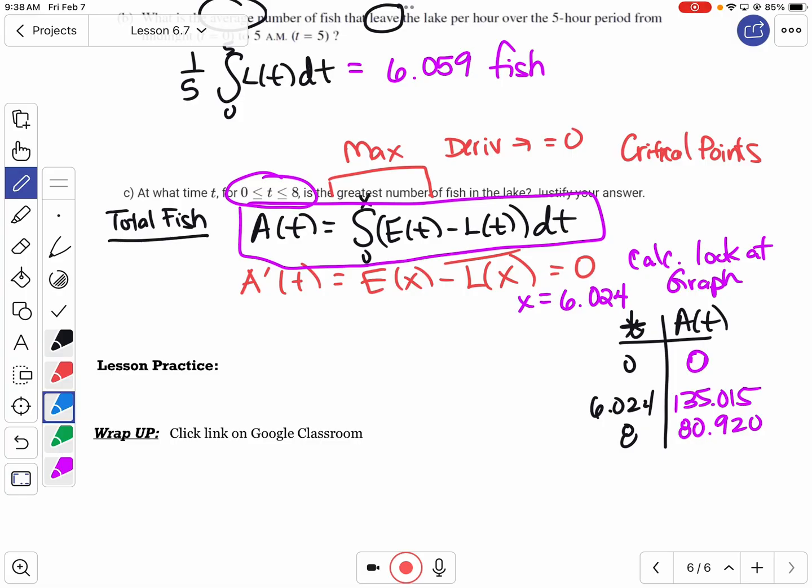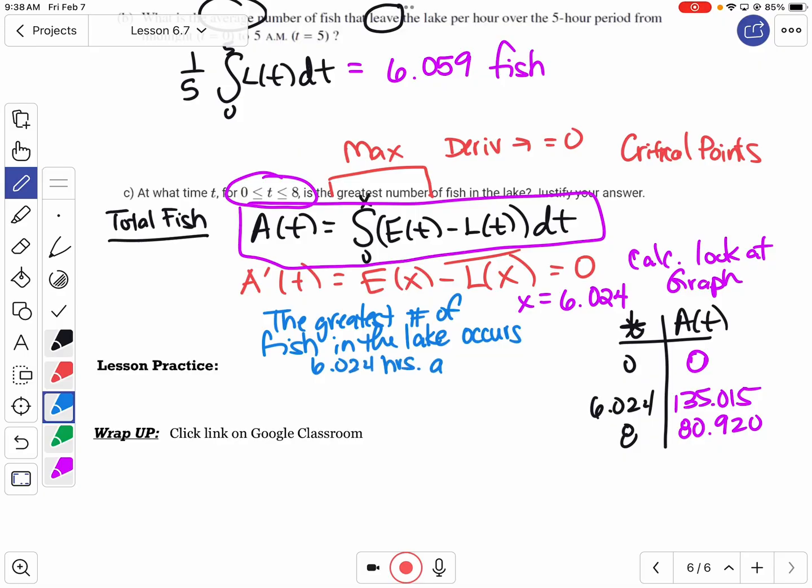And so now if we write our answer, the greatest number of fish in the lake occurs 6.024 hours after midnight.